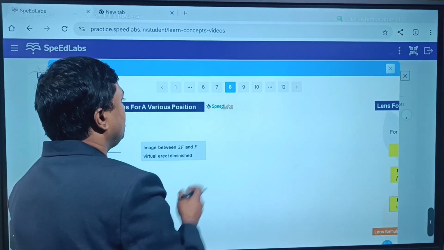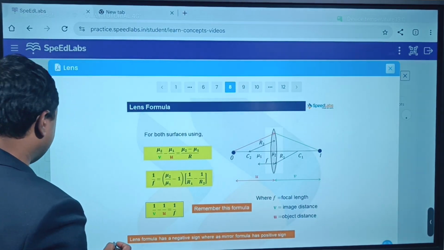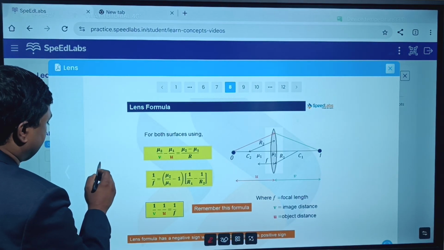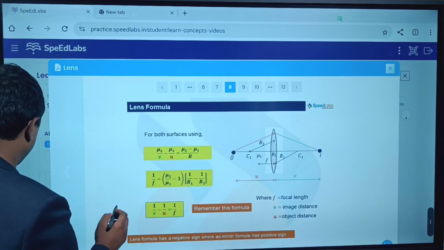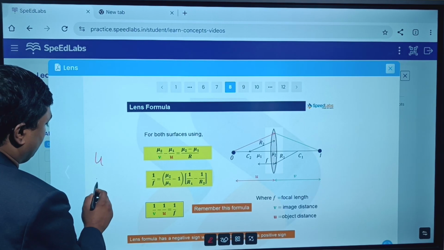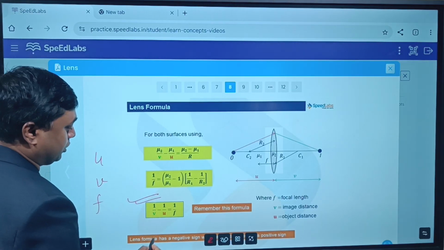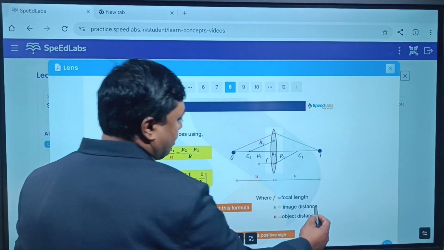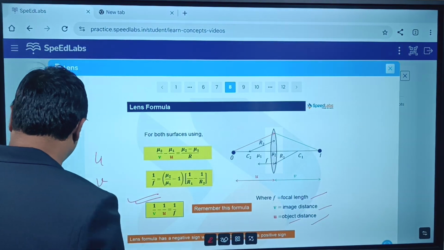Okay. Now we talk about a lens formula. Lens formula is generally the relationship between U, which is object distance, V, which is the image distance, and focal length. This is the formula actually: 1 by V minus 1 by U is equal to 1 by F. Okay, F is the focal length, V is the image distance, U is the object distance. Okay.